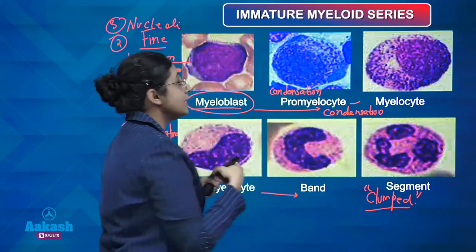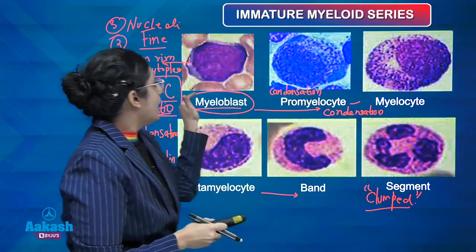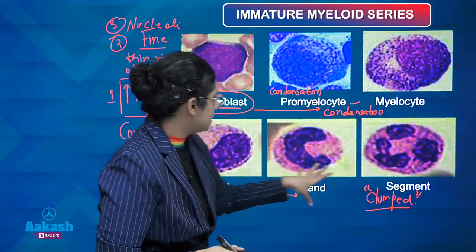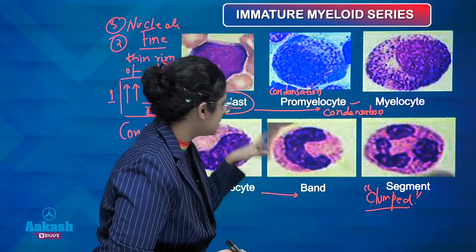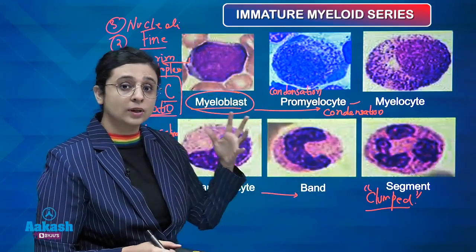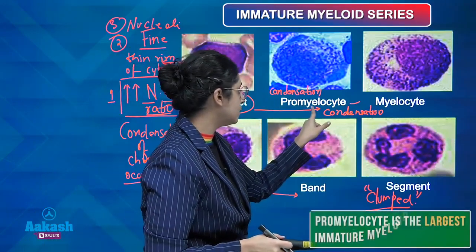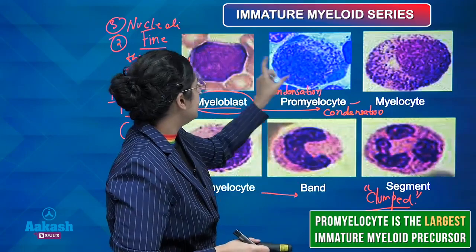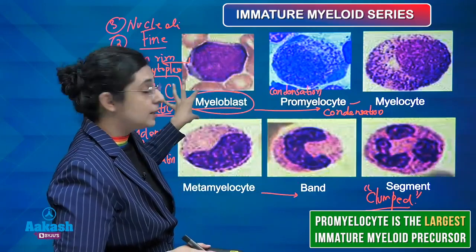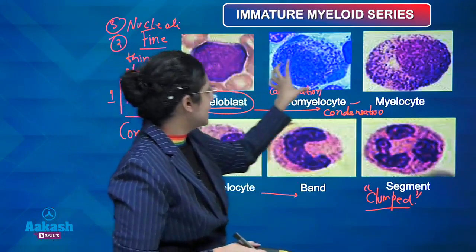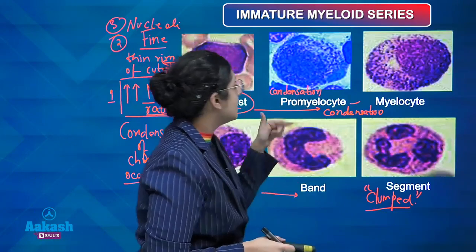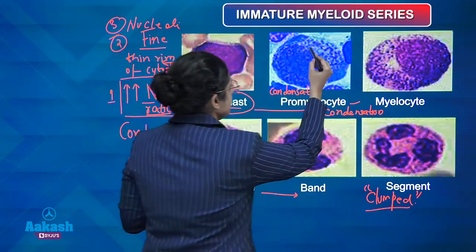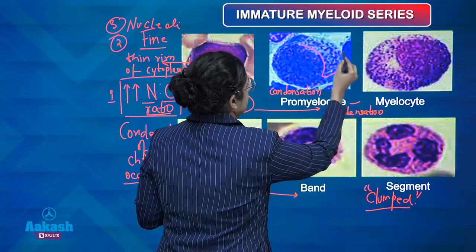And it is a slightly larger size cell. As the stage of differentiation occurs, the size should decrease, but this is the only thing you have to remember: a promyelocyte is the largest immature myeloid precursor. It is slightly larger in size even compared to a myeloblast. But some amount of cytoplasm has entered into the cell.